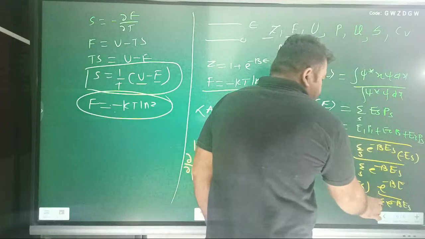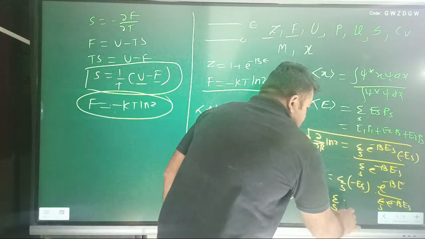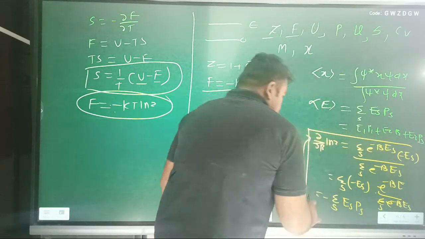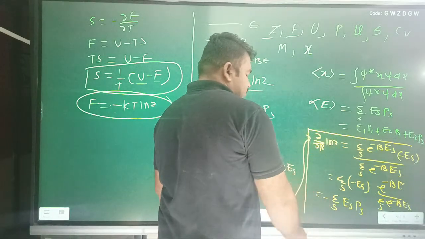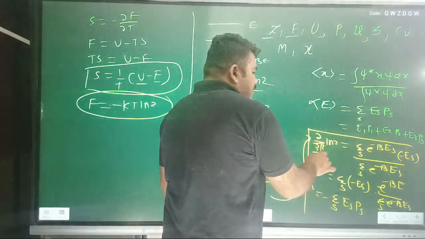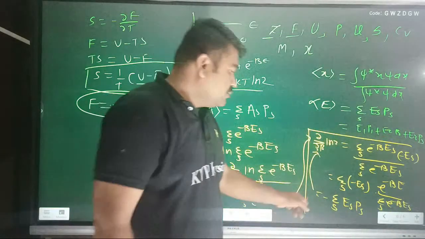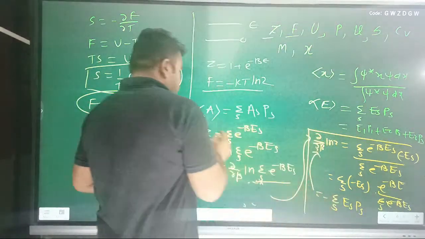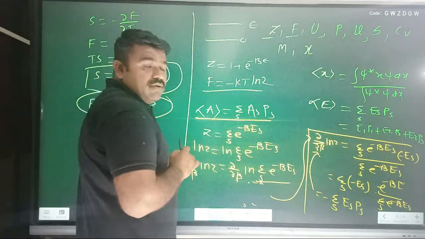This value is nothing but minus, we can take common summation of es ps. Means ∂/∂β of ln z is equal to the summation of es ps, which is nothing but the expectation of e.